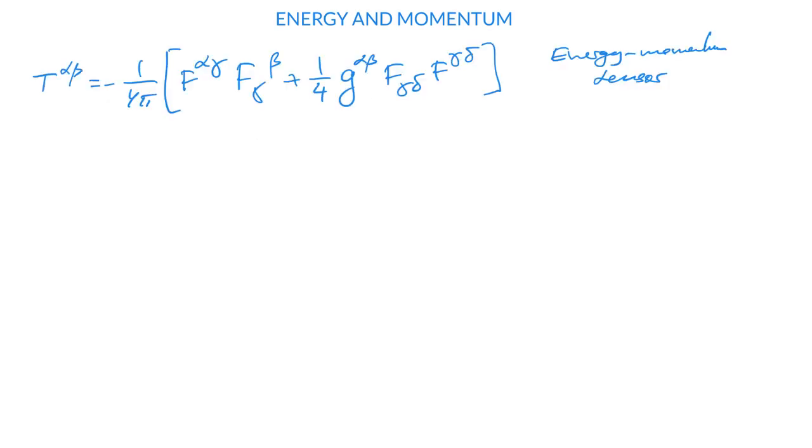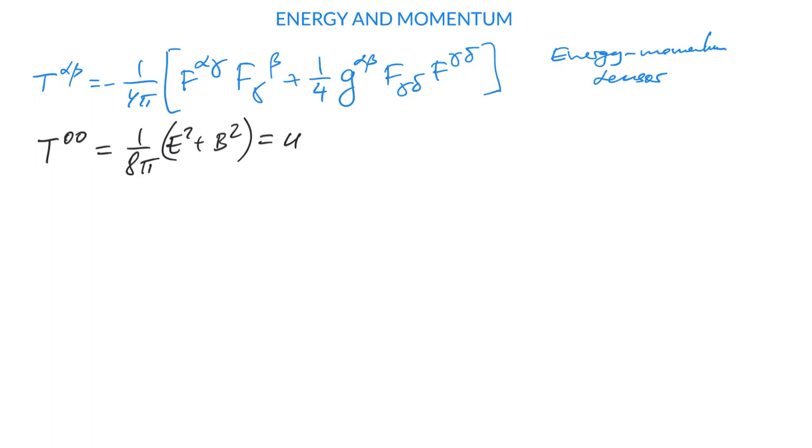Specifically, we'll find that the time-like component of T^{αβ} is 1 over 8π (E² + B²), which is the field energy density in Gaussian units.